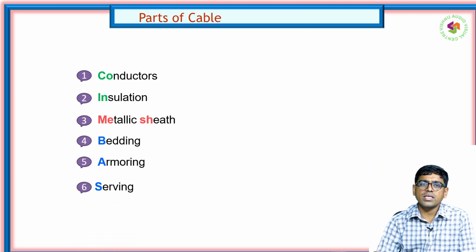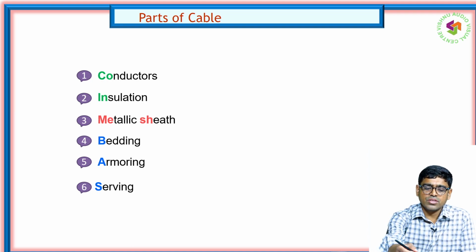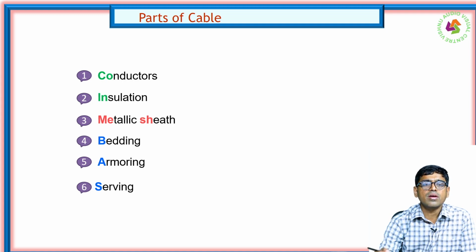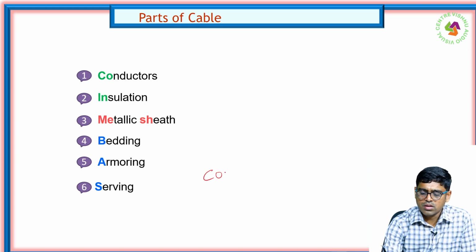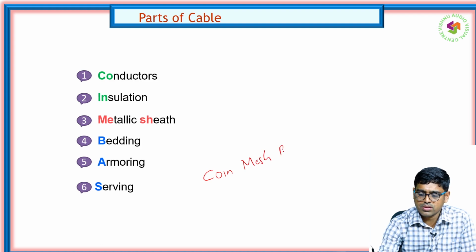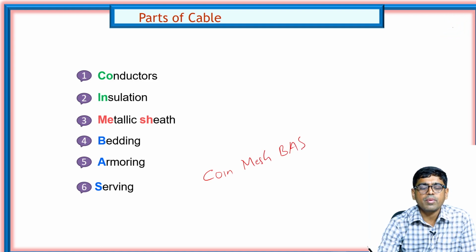We can easily remember these layers like this: CO for conductor, IN for insulators, ME and SH for metallic sheath, so you can see the "coin mesh bars". CO means conductor, insulator, metallic sheath, B means bedding, A means armoring and serving.